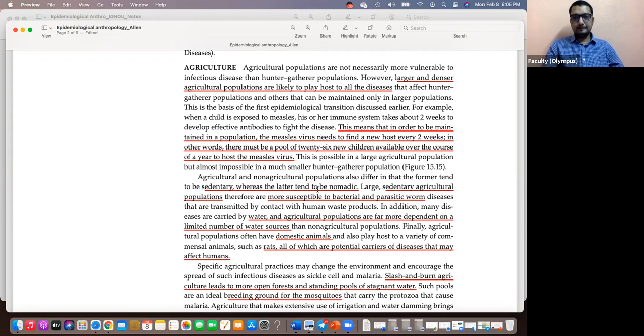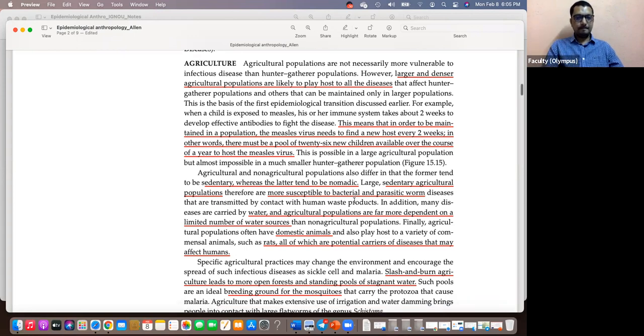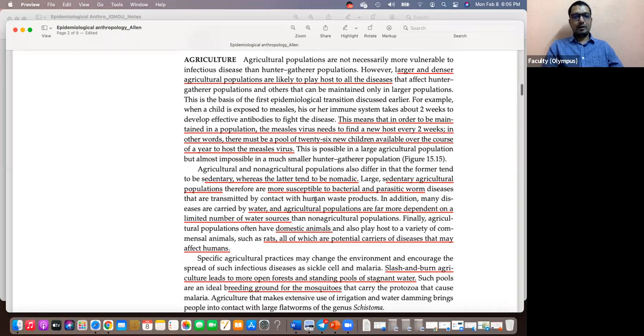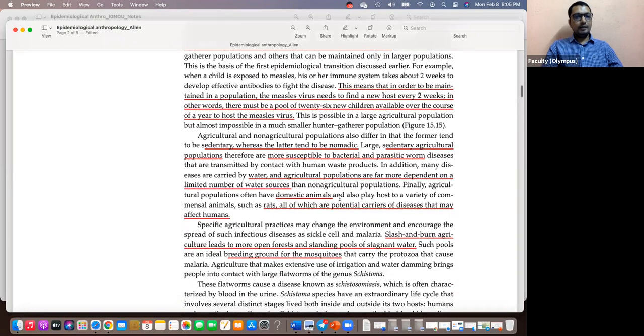They're wanderers. And large sedentary agricultural populations, therefore, are more susceptible to bacterial and parasitic infections transmitted by contact with human waste or contaminated water, which they tend to share. Also, agricultural families live close to domestic animals.